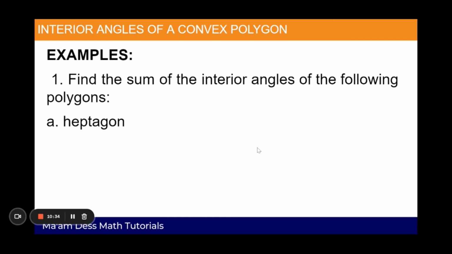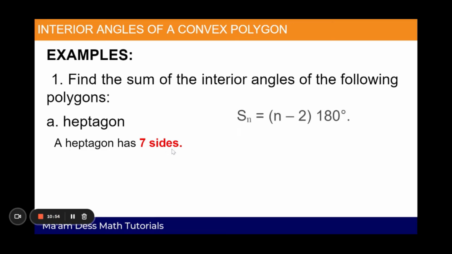Okay, let us have the examples. Number 1, find the sum of the interior angles of the following polygons. For letter A, let us find the sum of the interior angles of the heptagon. Let us use n as 7 since a heptagon has 7 sides.